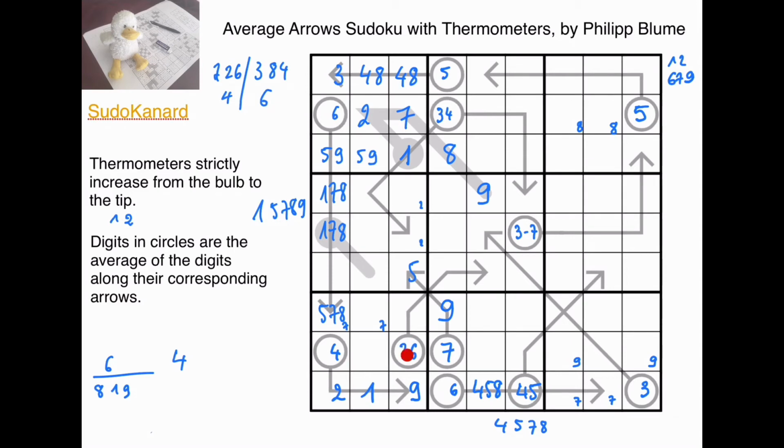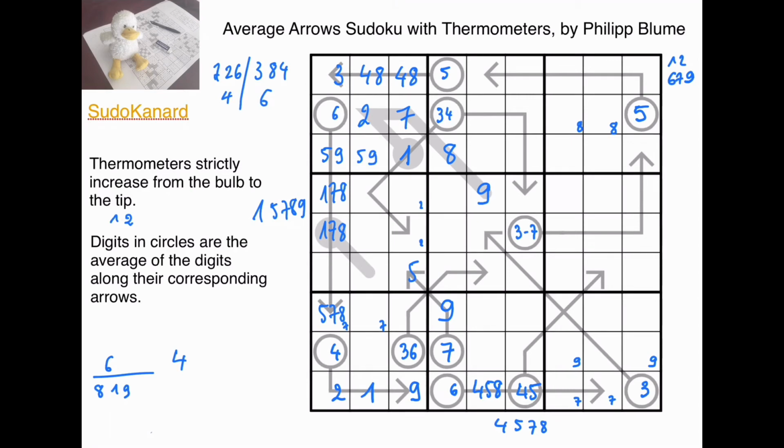Is 3 a valid option? That's a minimum of 6, if I make this a 3, and with 1 and 2 here it works. Except that 1 and 2 here is not an option because 1 and 2 are in this column.